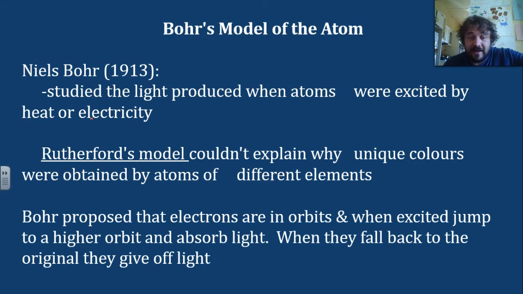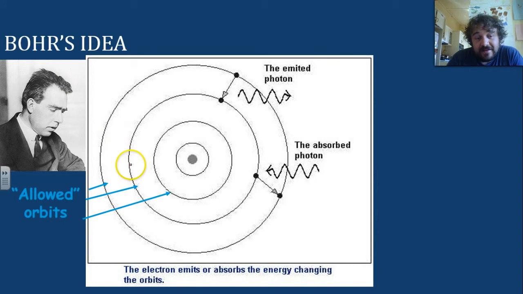And Bohr proposed that electrons are in orbits, and when they get excited, they jump up. That absorbs light. But when they are no longer excited, they go boom, and that's what releases the light. Okay? So basically, he's the one who gave us orbits. Now, as the atom gets excited, it absorbs light, and as it cools down and chills out, it then lets off the light.